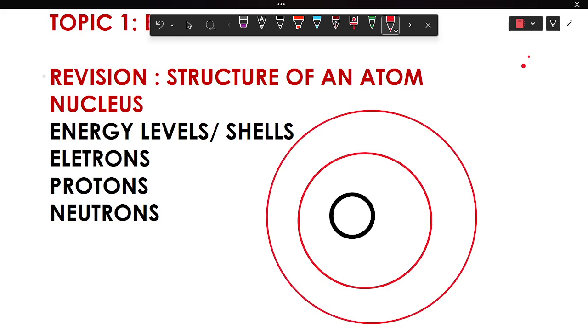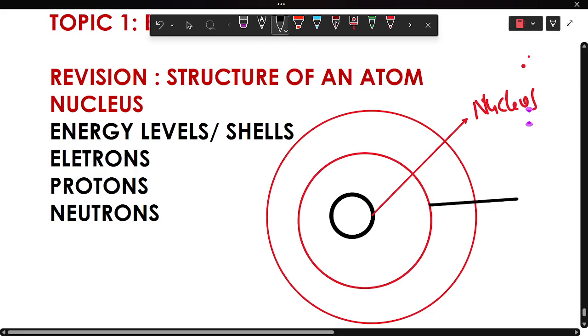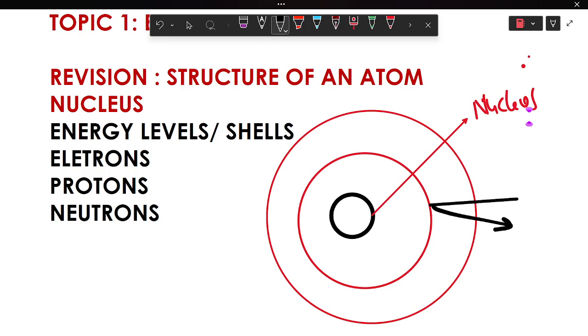So this one is what you got as the nucleus, while these two are the shells, right? Yes. Perfect. So these are the shells.